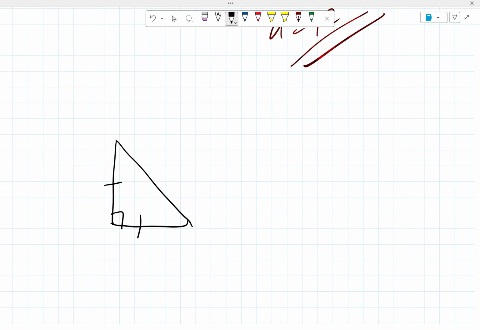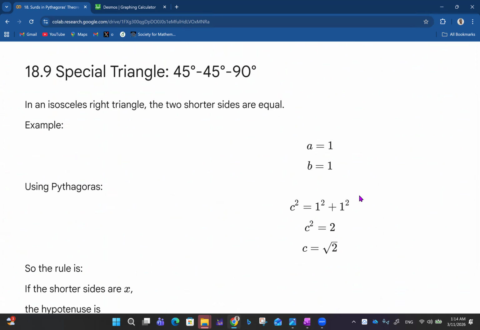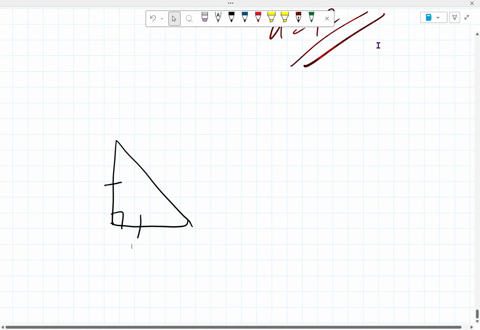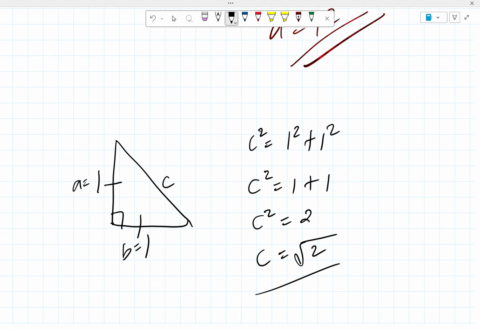So in that case, if we take those two short sides to be 1 unit each, so if A is 1 and B is 1, I think this is one of the first things we came across. We did it for a number line, right? So this is 1, this is also 1. So we now need our C. We know C squared is 1 squared plus 1 squared, because this is now A and this is B. So C squared equals 1 plus 1, so C squared is 2. So C is equal to the square root of 2. So C is root 2 in that case.